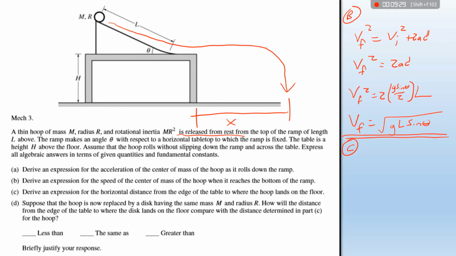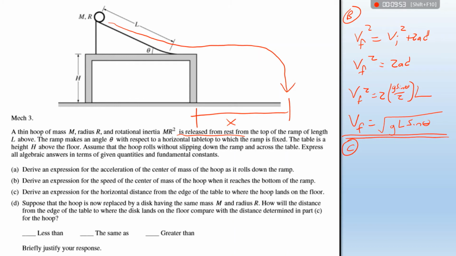We also use kinematics. Okay, so if I'm going to use kinematics, then how can I know when an object hits the ground? That's when the formula is 0. Formula for what?